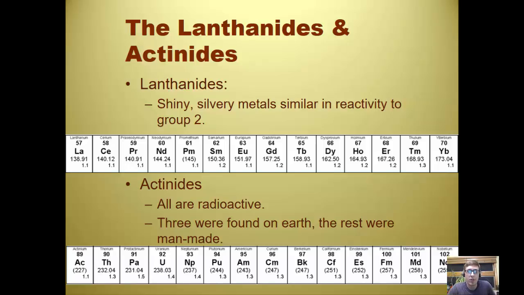And 3 were found on Earth. The rest were man-made. So keep this in mind. A lot of these elements were just made in a lab, because we can do that now. That's how we discover new elements, actually, is we make them.